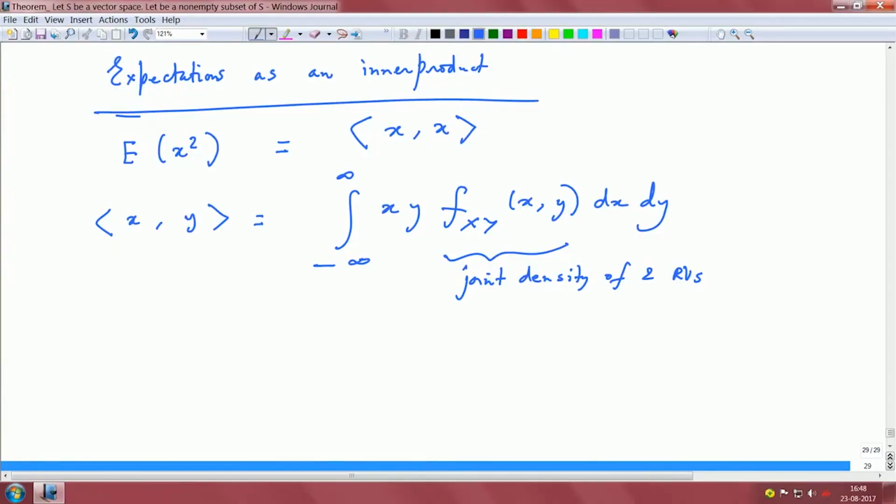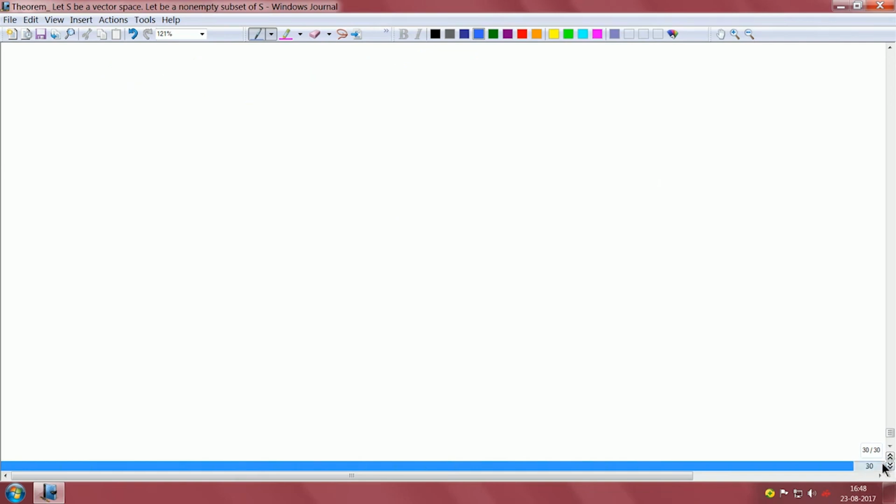If y is x, then you have a measure of x with x, and the variance under this measure is basically a sort of an interpretation of an inner product. Okay, these are some ideas to just ponder about.